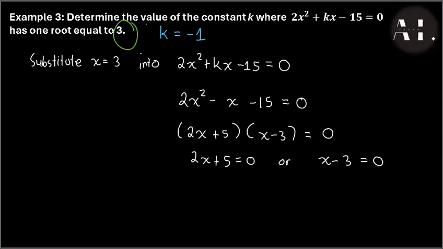From the second equation, x minus 3 is equal to 0, the value of x is equal to 3. So, if k is equal to -1, then there is a root equal to 3.